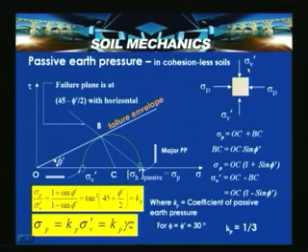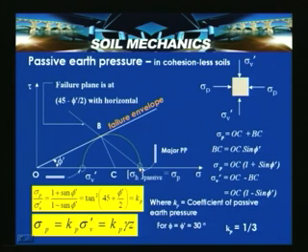Sigma v dash, the vertical stress, is acting on the minor principal plane, and this is the known point for us. When you draw from the known state of stress to a point on the Mohr circle, this becomes the pole in case of the passive state.